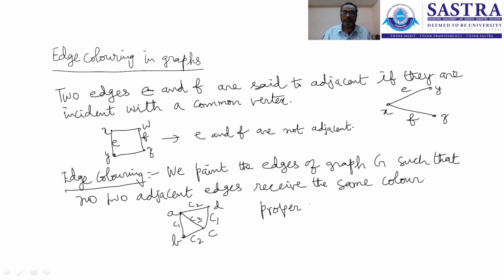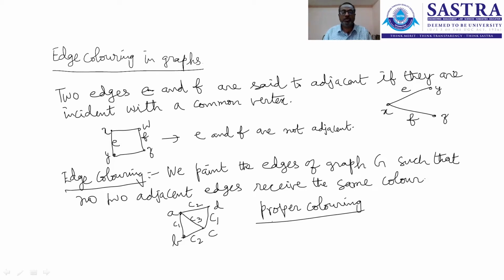Proper coloring implies that adjacent edges do not receive the same color. So no two adjacent edges receive the same color. This is called an edge coloring.